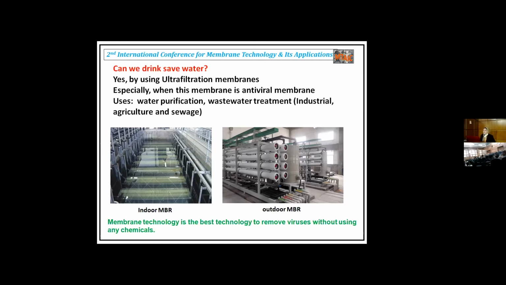Indoor membrane bioreactor means that the membrane is submerged in the biological tank, whereas in outdoor membrane bioreactor, the biological treatment is carried out in the biological tank. Then the treated water flows to the ultrafiltration spiral wound membranes or hollow fiber membranes. So we can see that membrane technology is the best technology to remove viruses without using any chemicals.